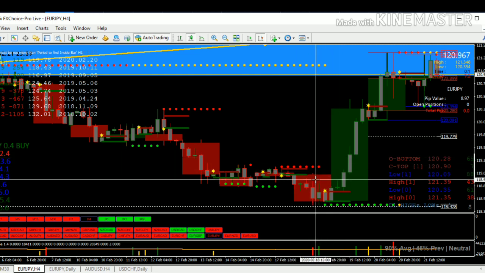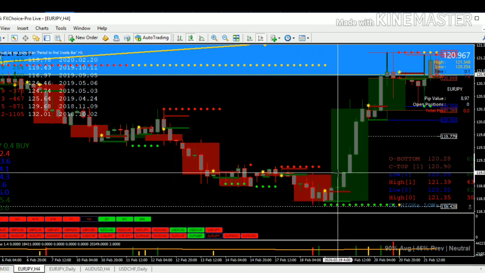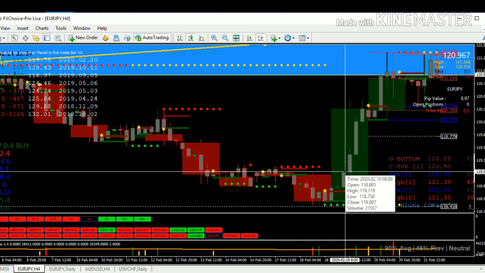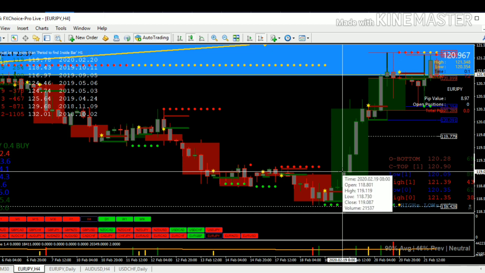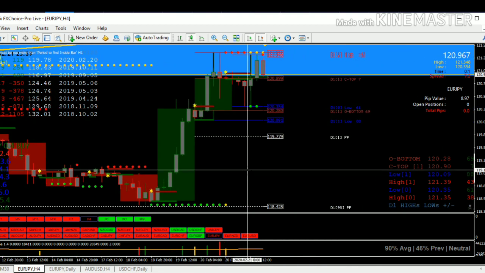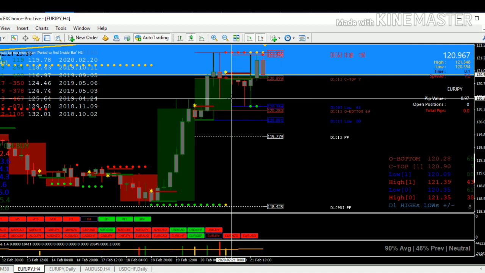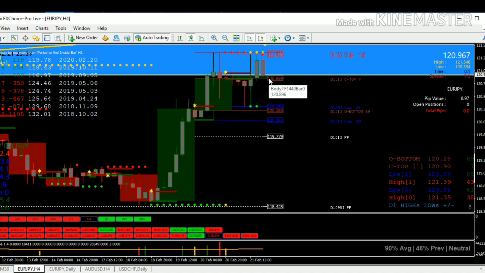Look, it closed back in the wick zone of the previous candle, or above the wick zone, and it rolled back up for 227 pips, right? So now we're at another position where this is the body of last Friday's candle.